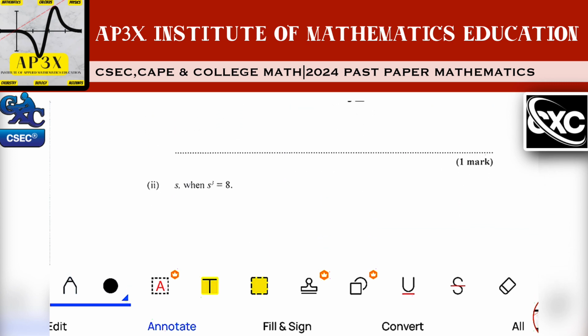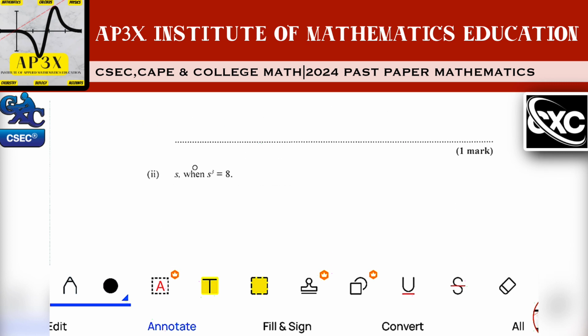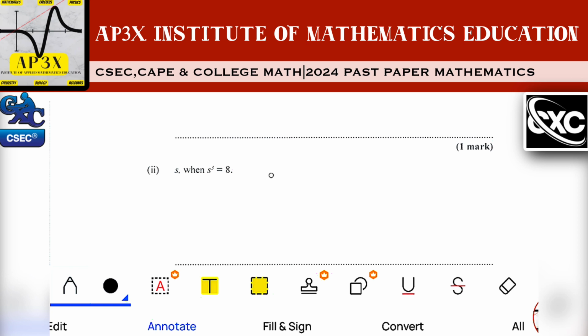All right, now it says here that we should also go ahead and find the value of s. s to the power of 3 is equal to 8, and we have to find s. In other words, we need to isolate s. Now, what I'm concerned about, upon reviewing the paper prior to making this video, is that this particular question is coming across as pretty simple.